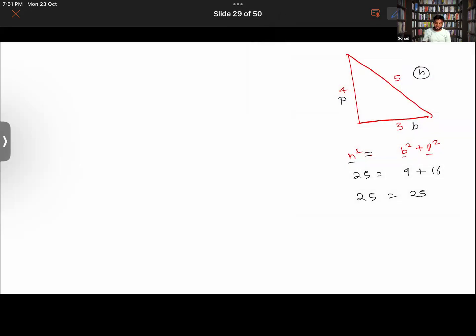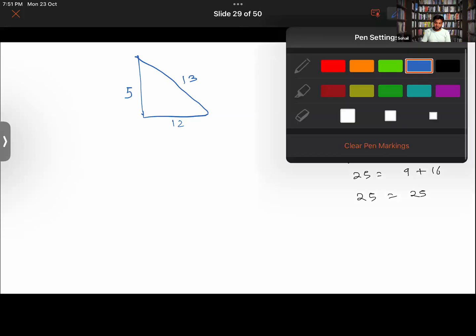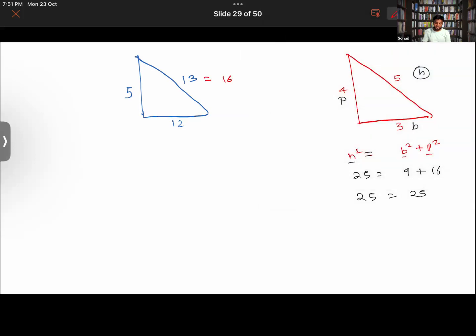For example, take another triangle in which the values measure like this. This one is let's say 13, this one is 12, and this one let's say it's 5. So you can check it for this one also. We would find that 13 square equals 169 right now. 12 square is 144, and 5 square is 25.